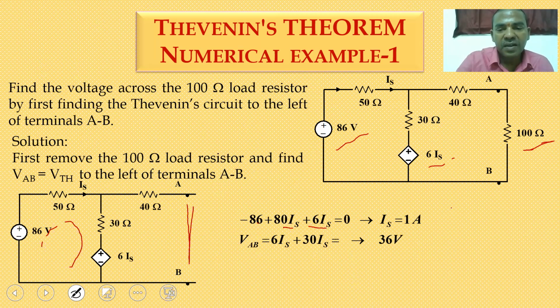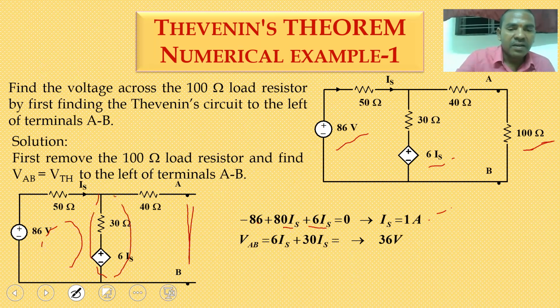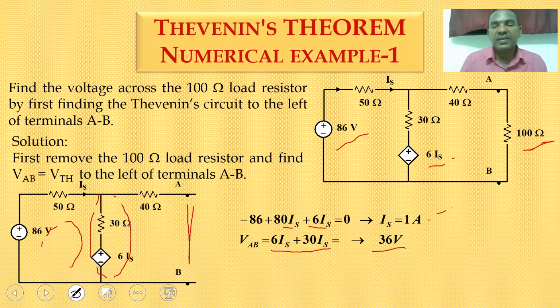So from this you can get Is is equal to 1 ampere. So now what is VOC? VOC is the voltage drop across this element, that is 6 Is plus 30 Is. So finally you can get that voltage is 36 volts. Are you understanding?